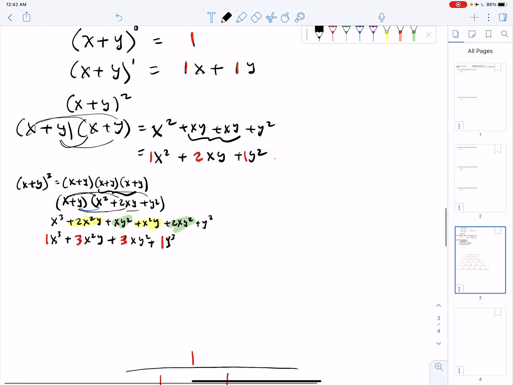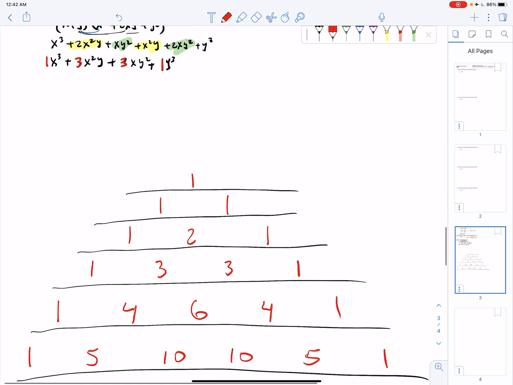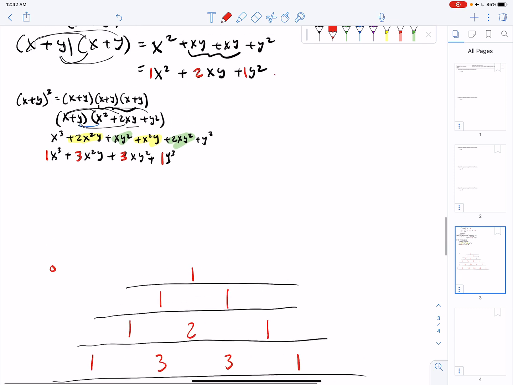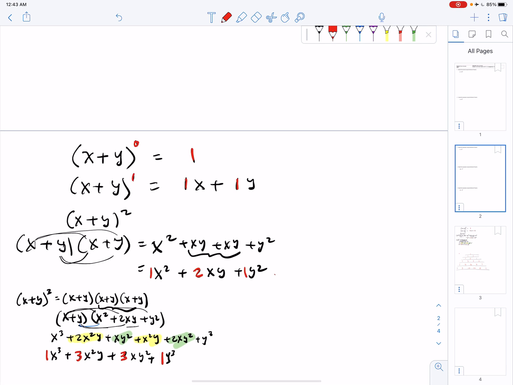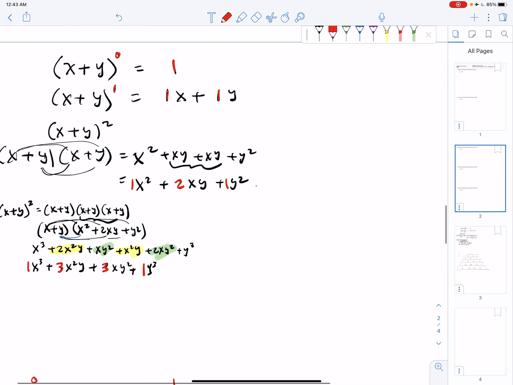So if you go back here, you can see when we had the 0 power, that got us 1. And when we had the first power, so number 1, that gets us 1, 1.